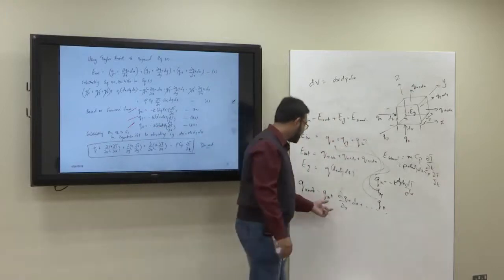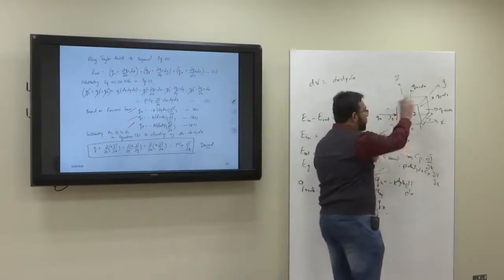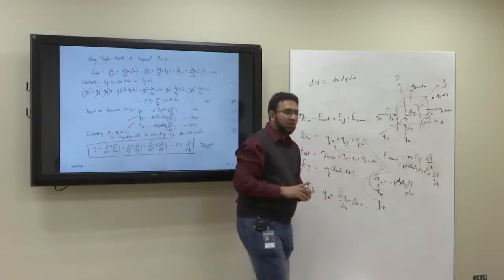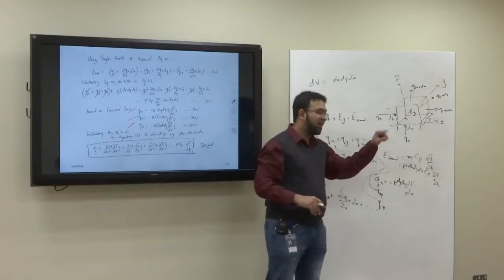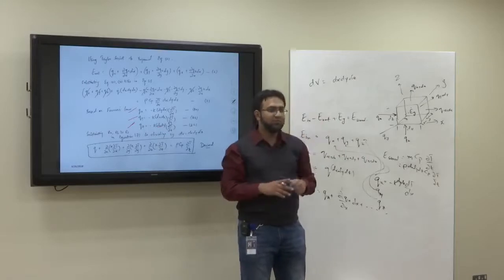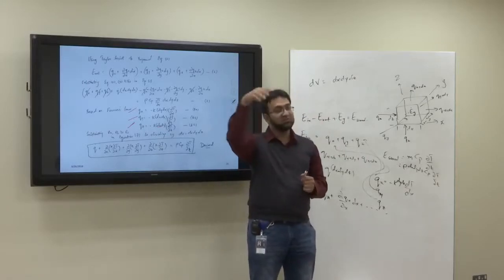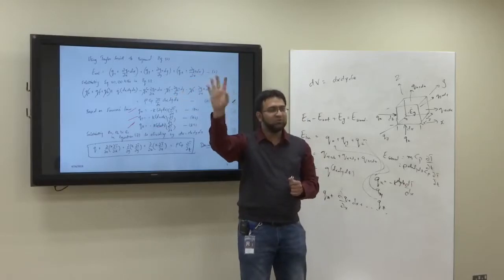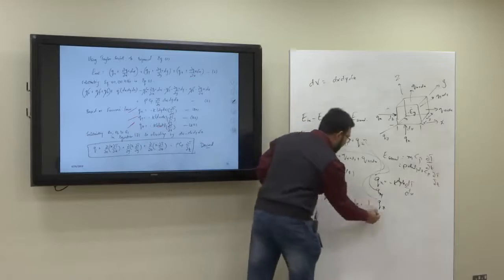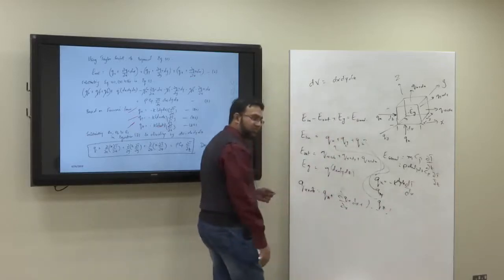However, since dx is a very small length, the next terms will have dx squared, dx cubed, dx to the power 4. If your value is very small, then the power will become much smaller and can be neglected. So we just keep the two terms here.